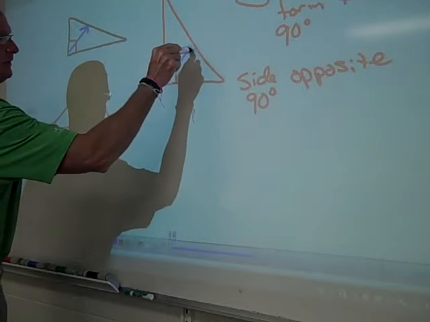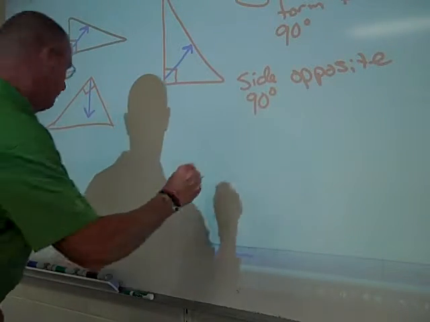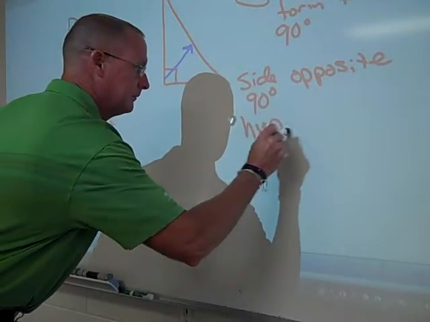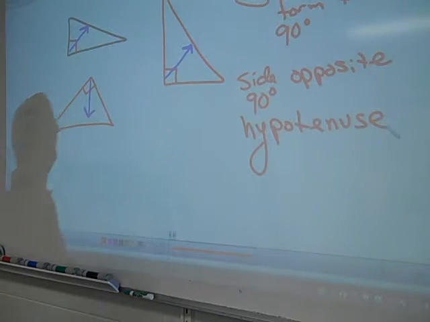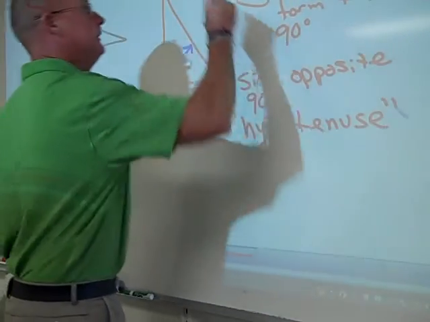The hypotenuse. Legs form the right angle. The side opposite the right angle is called your hypotenuse.